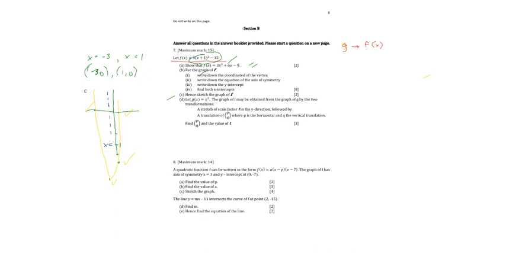So f of x happens by doing some things to g of x, x squared. So from x squared, it becomes 3 times x plus 1 squared minus 12.